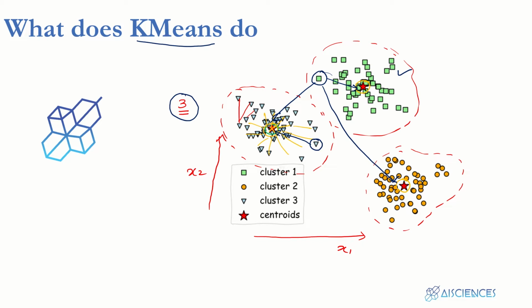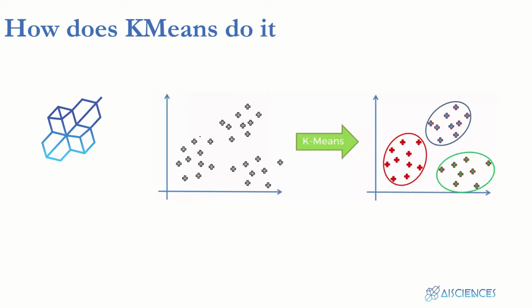Now, one question is, how do we come up with these centroids, these representative points? So how K-means works is related to what K-means does, but the real question is, how does it do it? So let's focus on that.